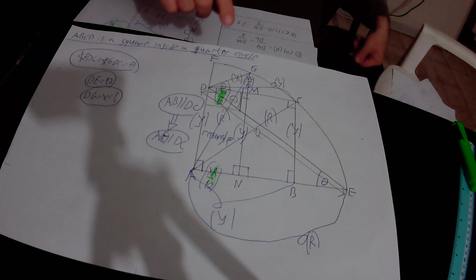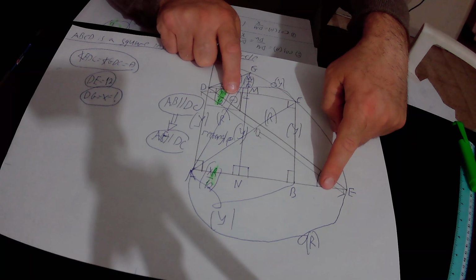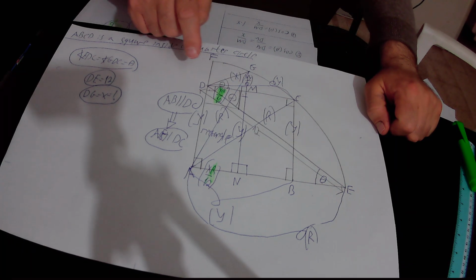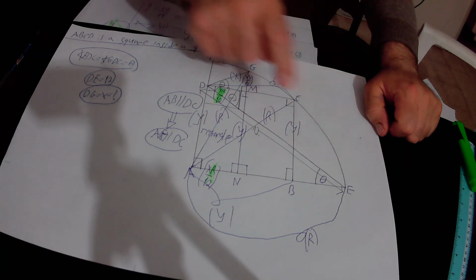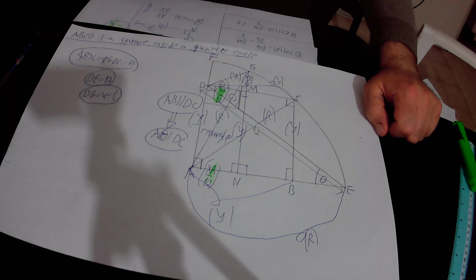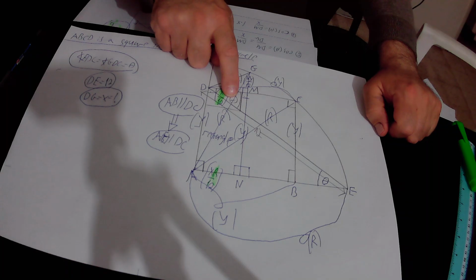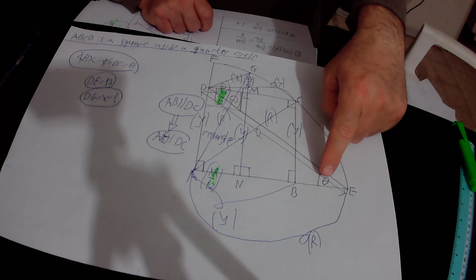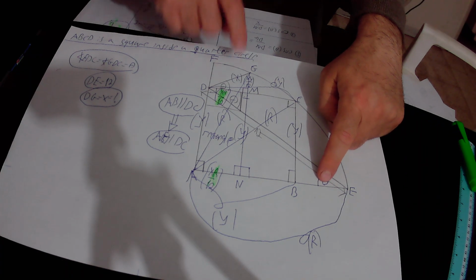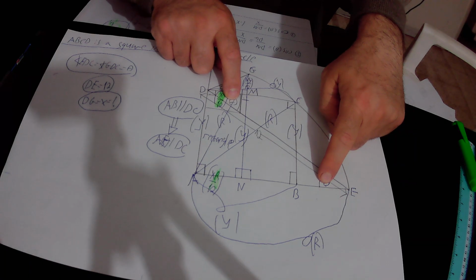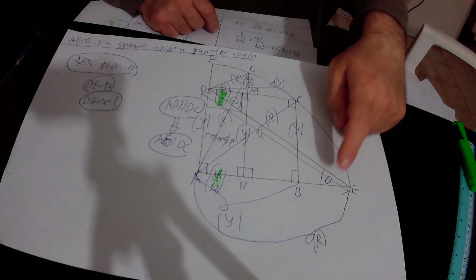Therefore, those two alternating angles located between the parallel lines AE and DC must also be equal to each other. But this is angle theta according to what is given in the question. Therefore, this angle must also be equal to theta. So this angle equals theta.